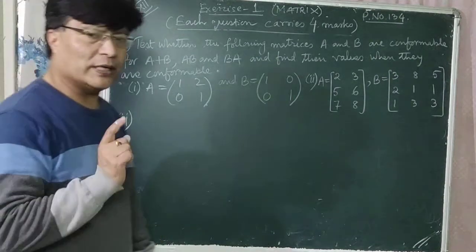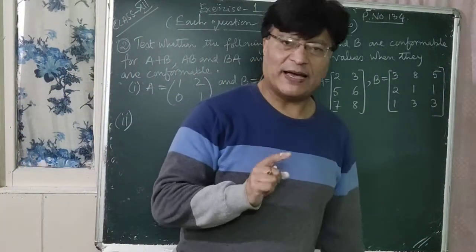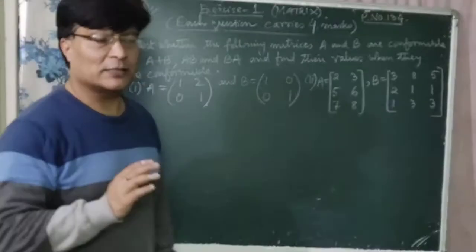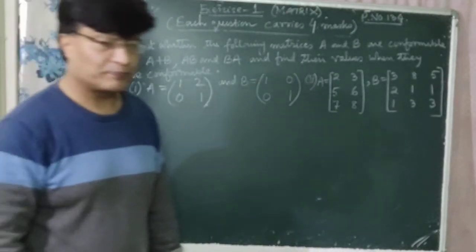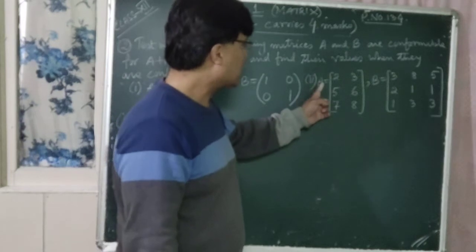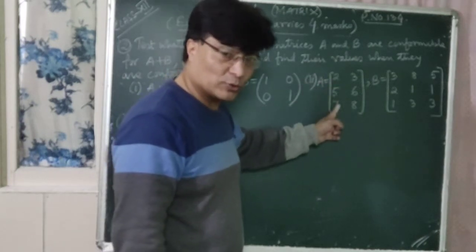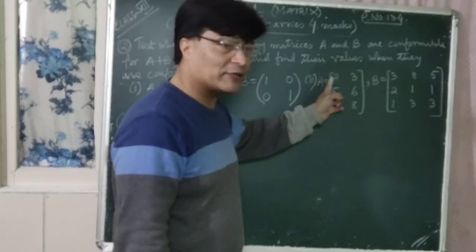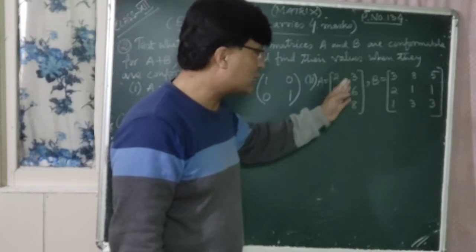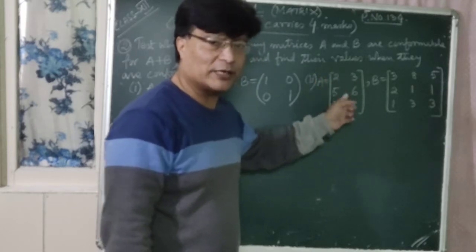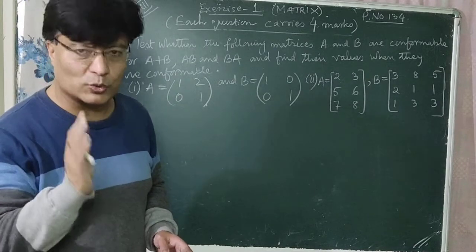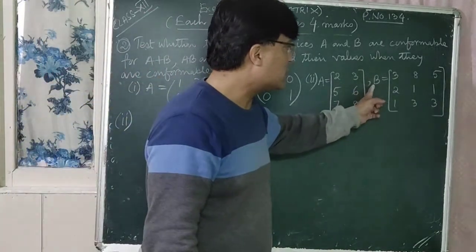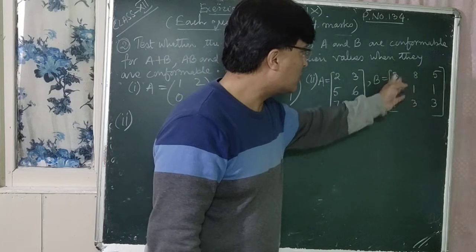So in order to find A plus B, A plus B will be possible if they have the same order. But in this case, A is of order 3 cross 2. What is the order of the matrix A? It is 3 rows and 2 columns. So A is a 3 cross 2 matrix. And B is of order 3 rows and 3 columns.